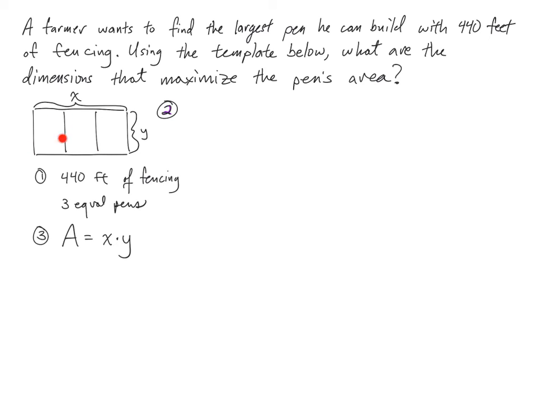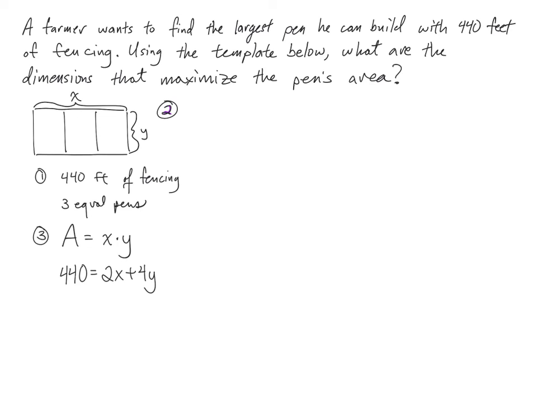And then 1, 2, 3, 4 walls going this way. So that would be 4 Ys. So the total number of feet of fencing would have to equate 2 X's plus 4 Ys. So we can solve this.